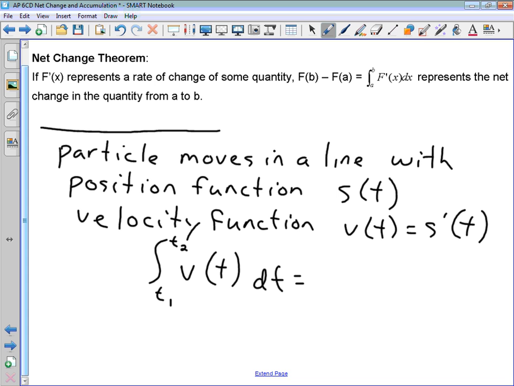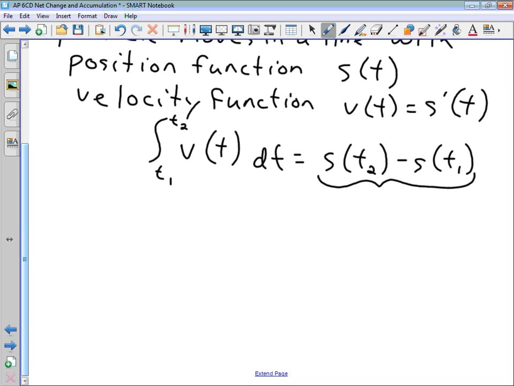It's going to represent the net change in the position from t1 to t2. In other words, s at t2 minus s at t1. Okay, because s is the antiderivative of our velocity. So this thing over here on our right-hand side, again, is our net change.